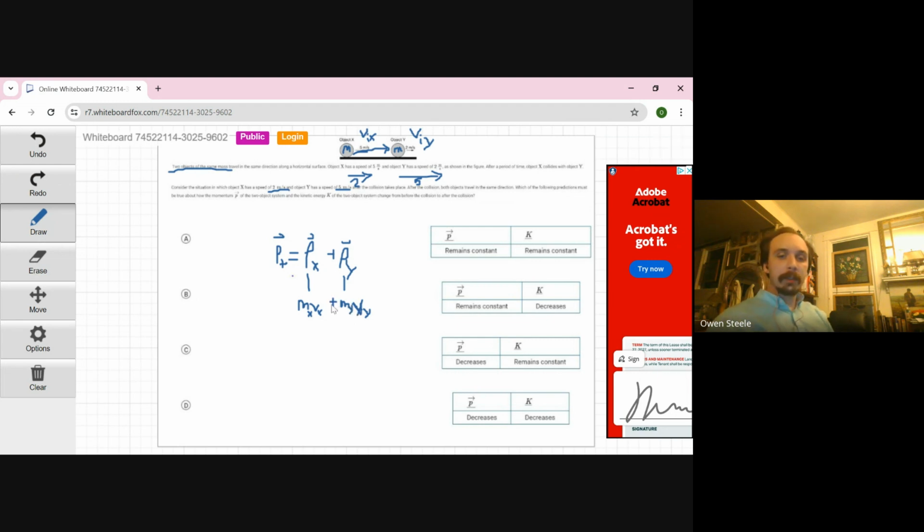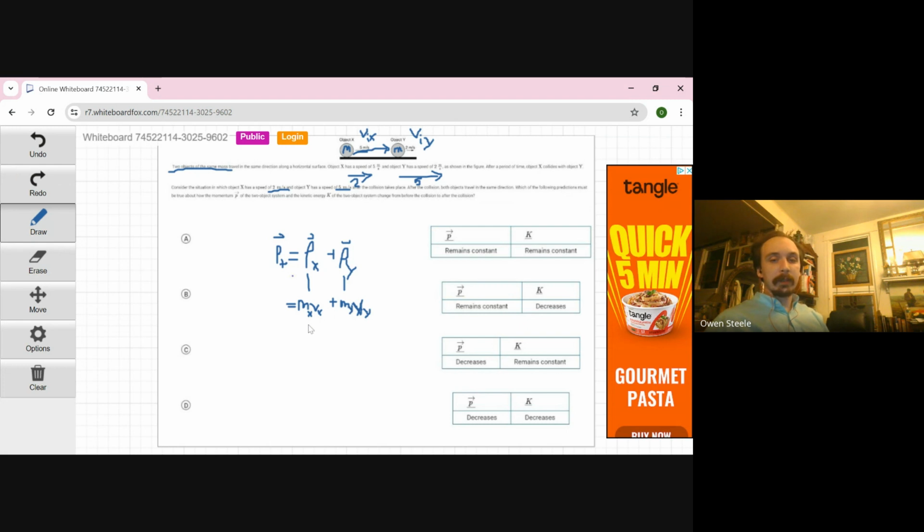Now, very important, the masses are going to stay the same, right? So really this m x and m y, we just call that m. It's going to be some constant number, 1, 2, whatever. Then we can even take it out. M times my Vx initial and Vy initial, those are just swapping places we saw, right?